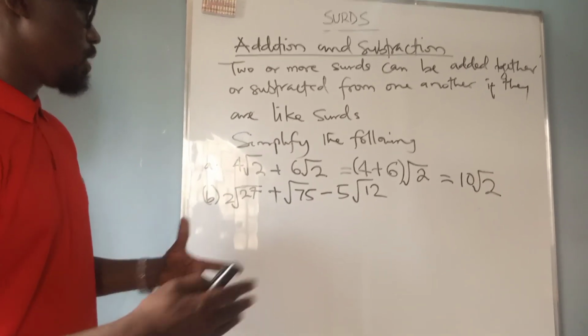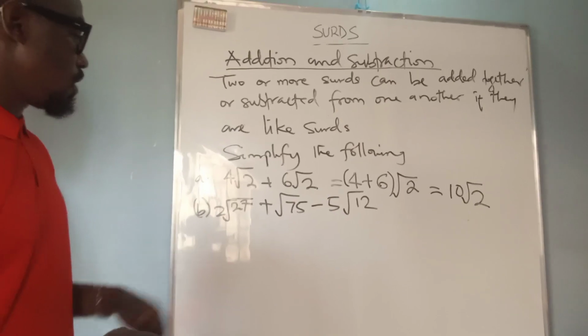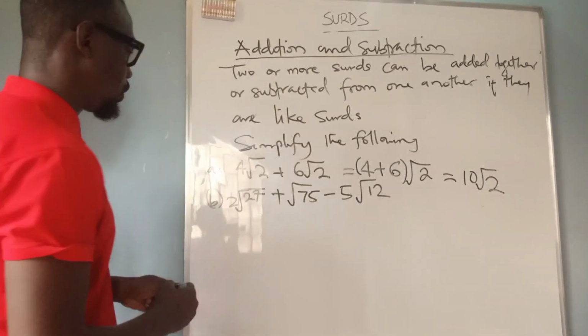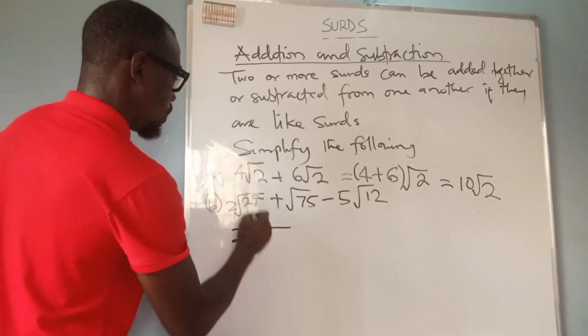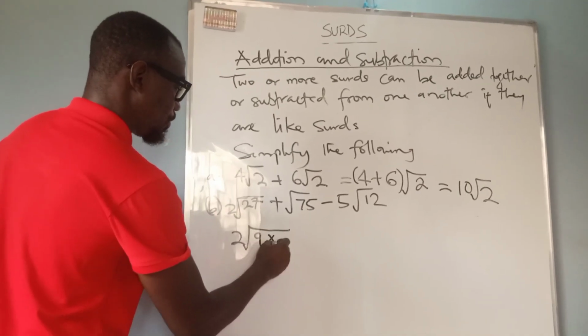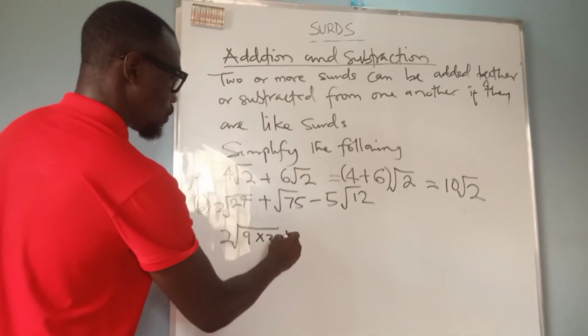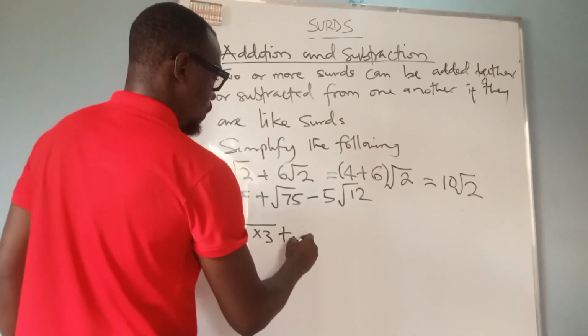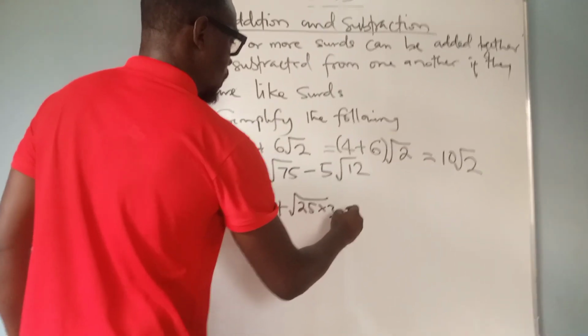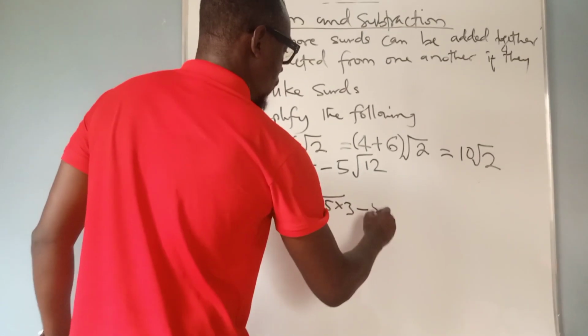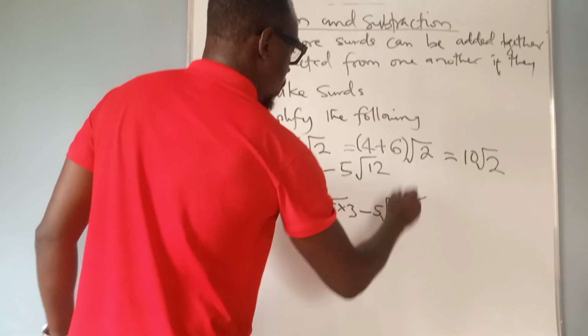Then let's tackle this particular one. It seems it's complex, but it's not complex. It's a very simple one. How do you approach it? This is what? 2 square root 27, which is 9 times 3, plus root 75, which is 25 times 3, minus 5 root 12, which is 4 times 3.